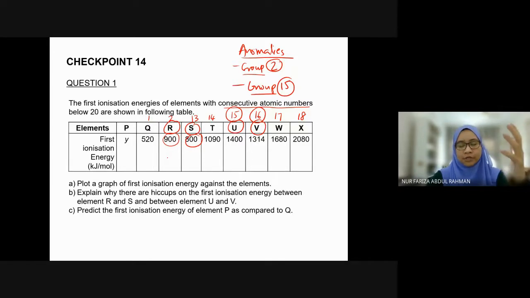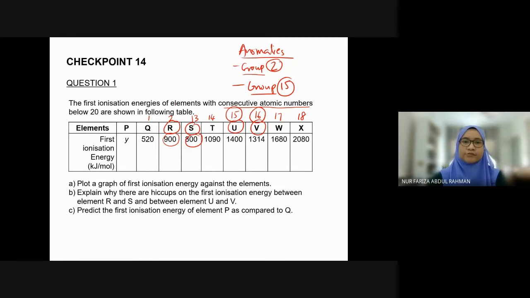The s orbital for R has been fulfilled. So if you want to remove an electron from a fulfilled orbital which is already stable, more energy is required.